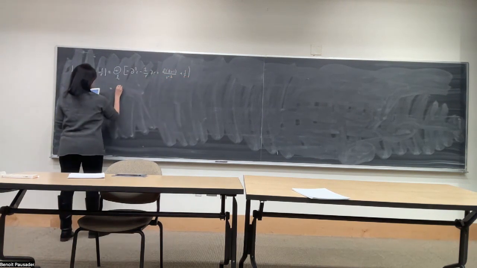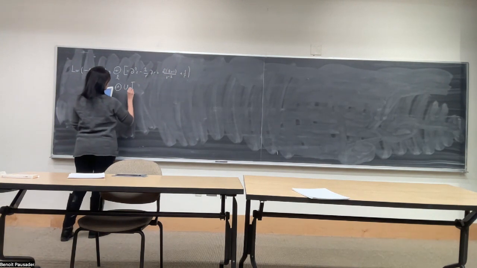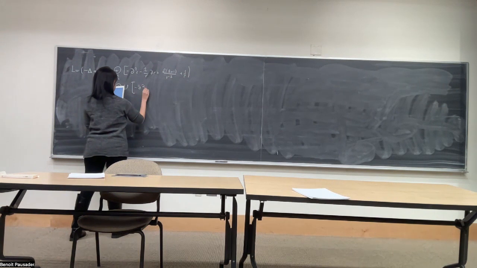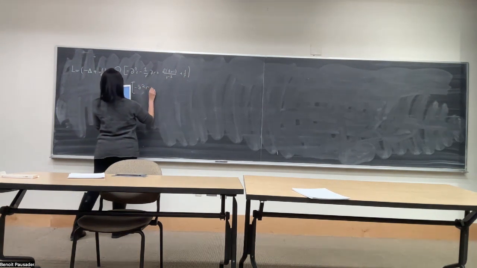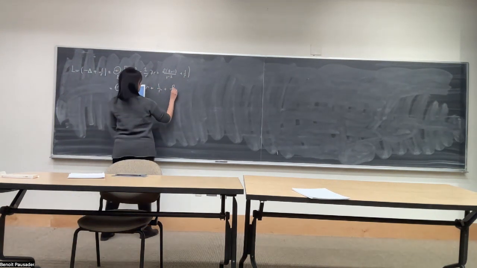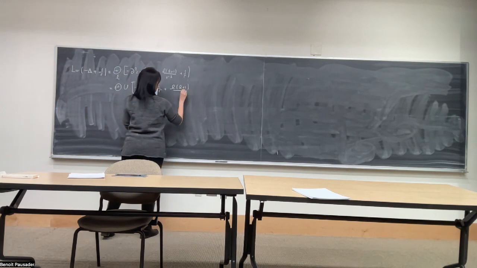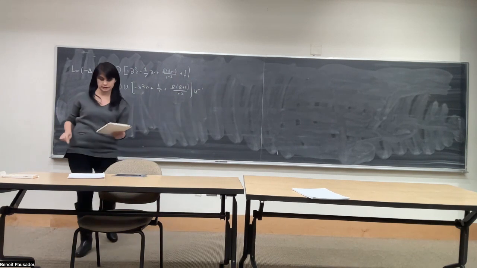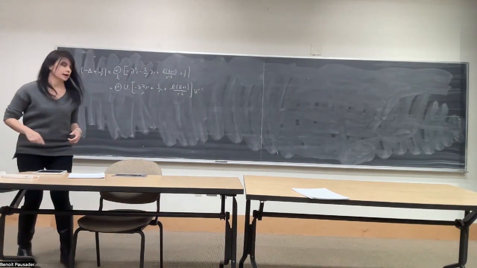Right, and we write this as U, where U is dividing by r.